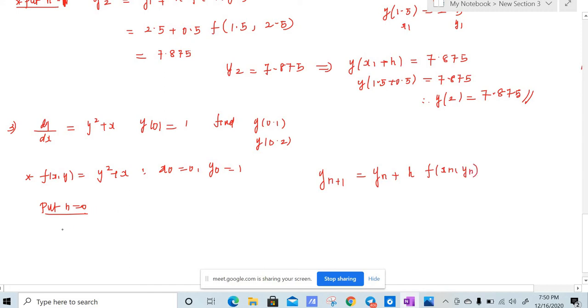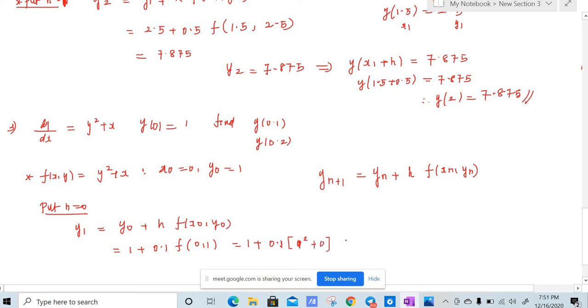So if n is equal to 0, this will be y1 is equal to y0 plus h into f of x0 comma y0. So y0 is 1. So 1 plus h is 0.1 into f of 0 comma 1. So f of 0 comma 1 is 1 square, you can see y square plus x.